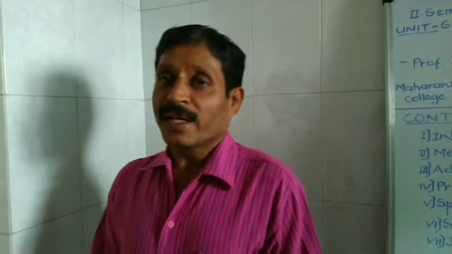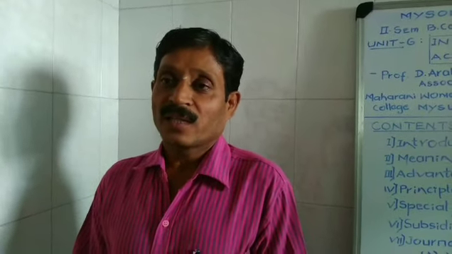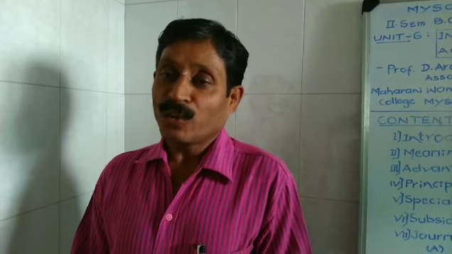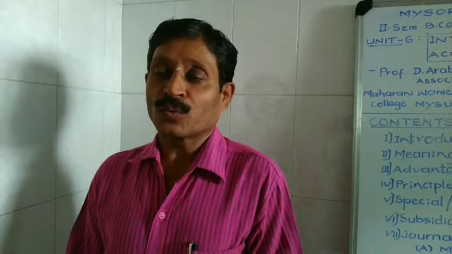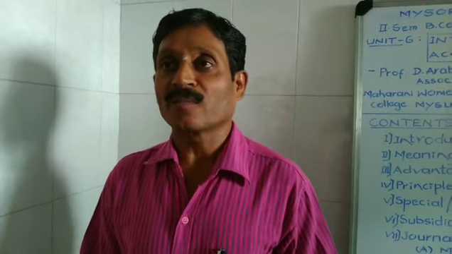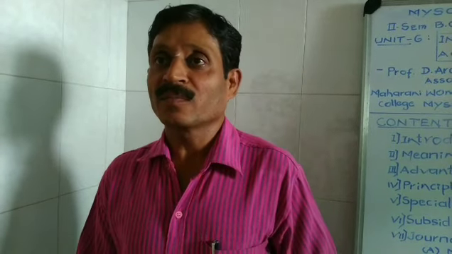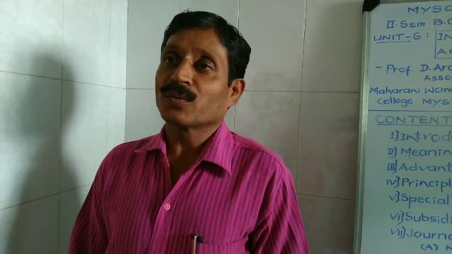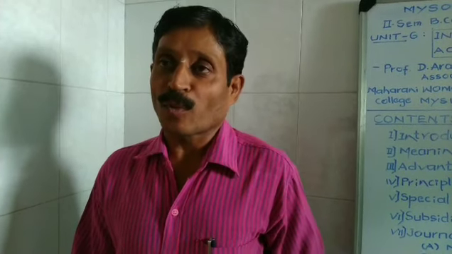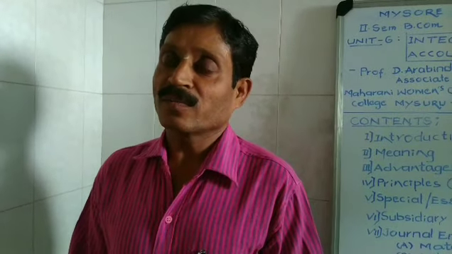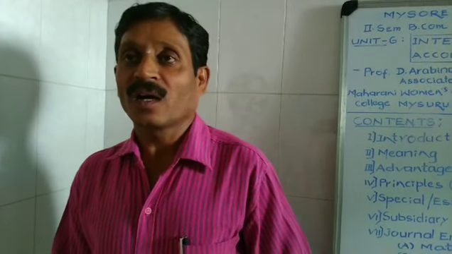Come to the introductory aspects. In PU, we have studied the accounting systems related to recording of business transactions, that is single entry system and double entry system. And after that, we have also studied accounting systems related to recognition of profit, that is cash system of accounting, mercantile system, and hybrid system of accounting.